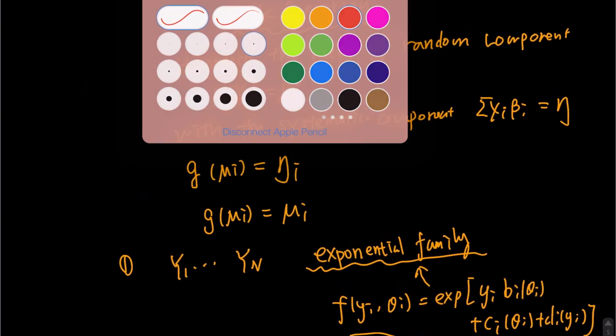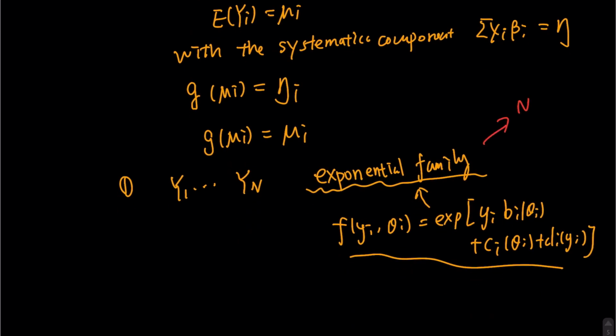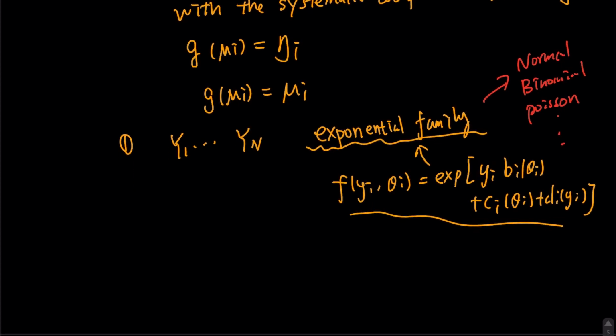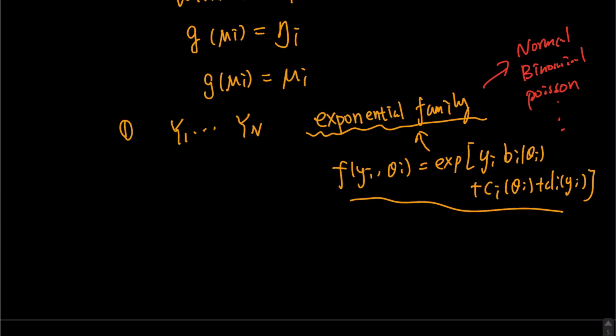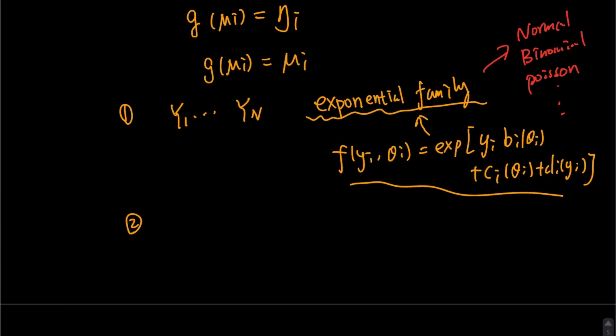Some examples include normal, of course, and binomial distribution, Poisson distribution, and so on and so forth. All right, that's the first distinction between the generalized linear model and the classical linear model. The first part is called the random component.